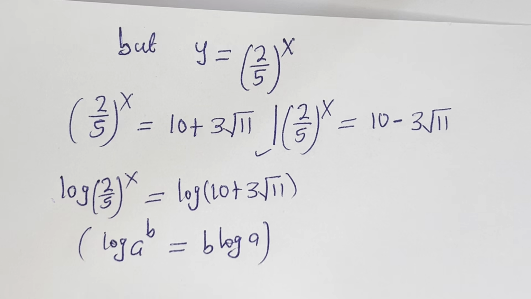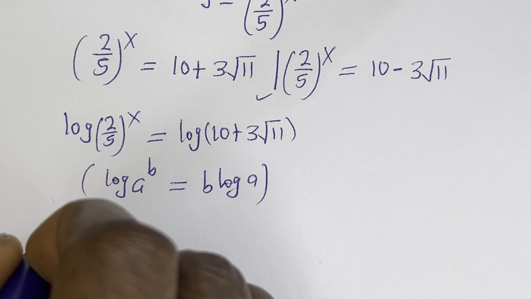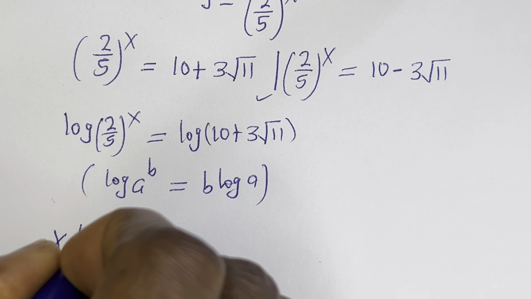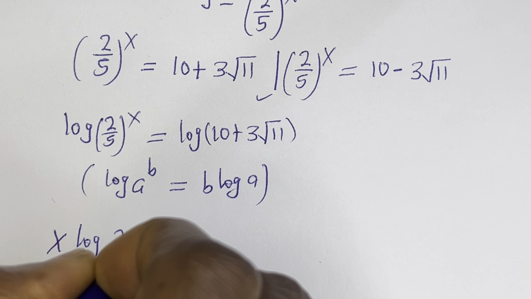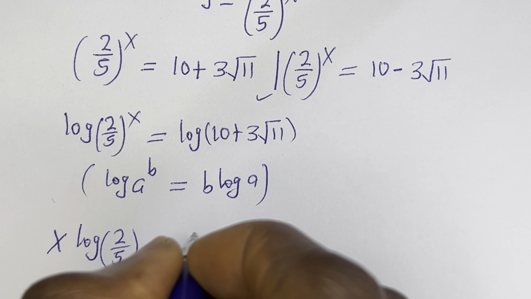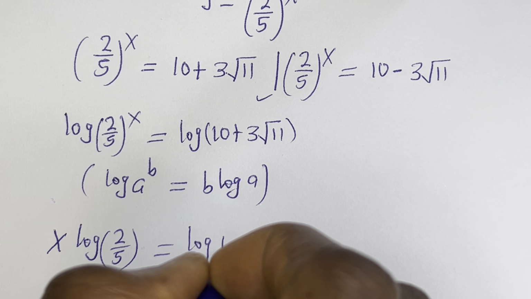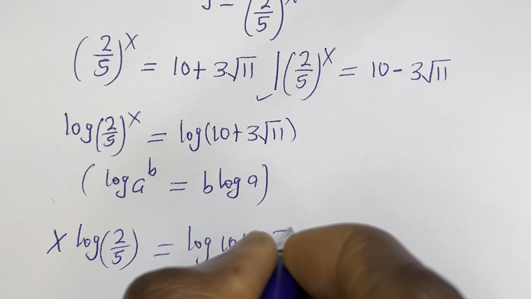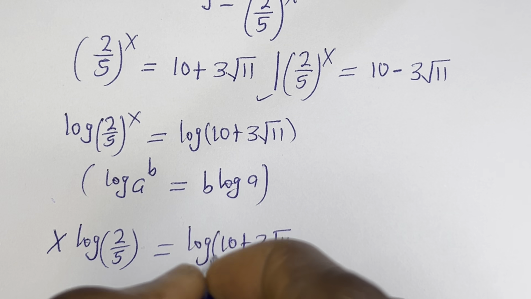Now this can be written as x log (2 divided by 5) is equal to log of 10 plus 3 square root of 11.